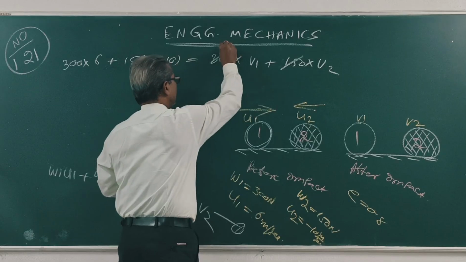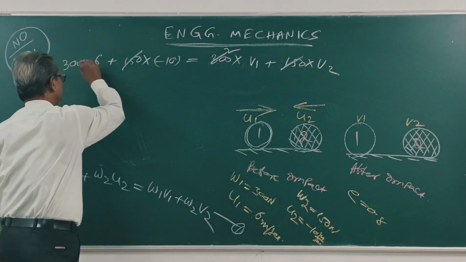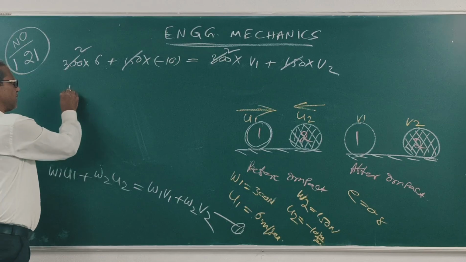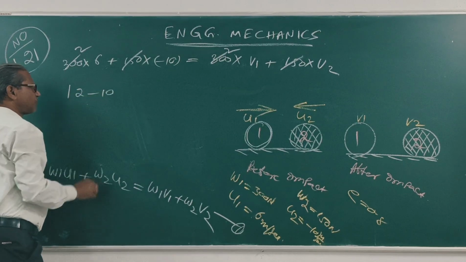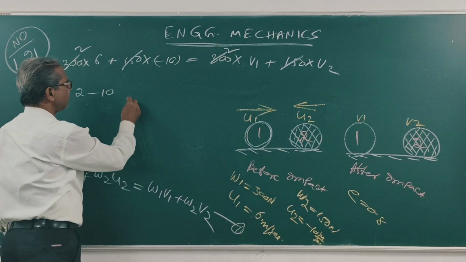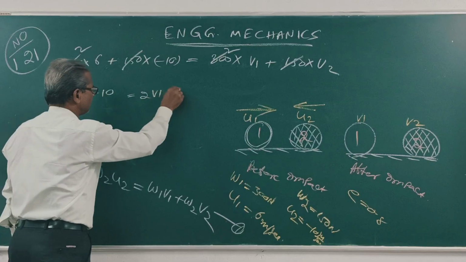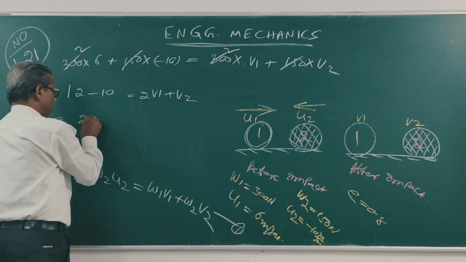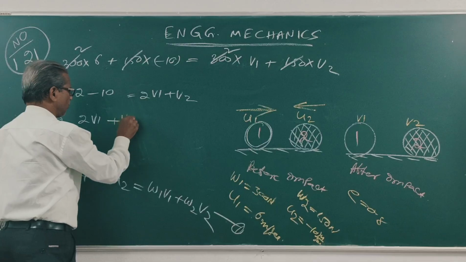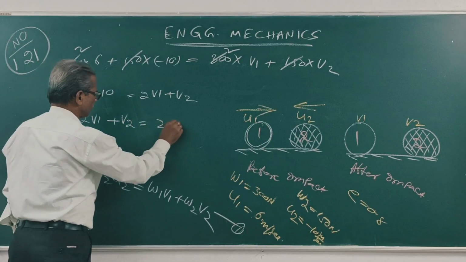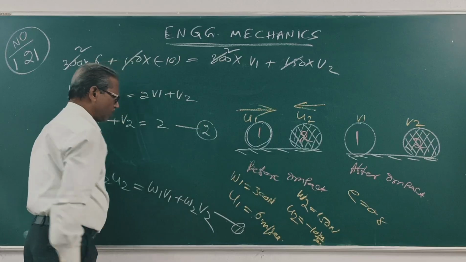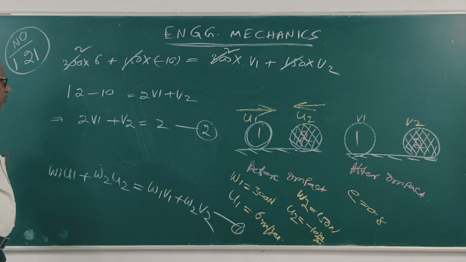So dividing by 150, 2 into 6 is 12, minus 10, is equal to 2 V1 plus V2. This implies 2 V1 plus V2 is equal to 2. This is equation 2. This is equation 1, this is equation 2: 2 V1 plus V2 is equal to 2.